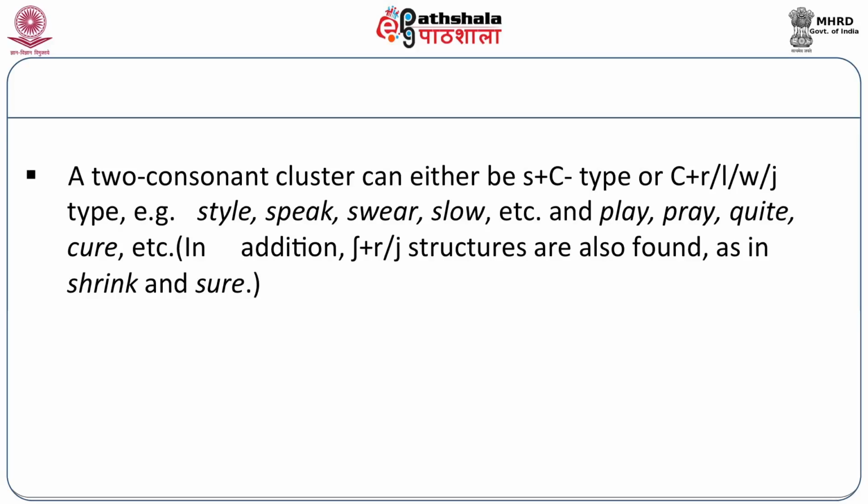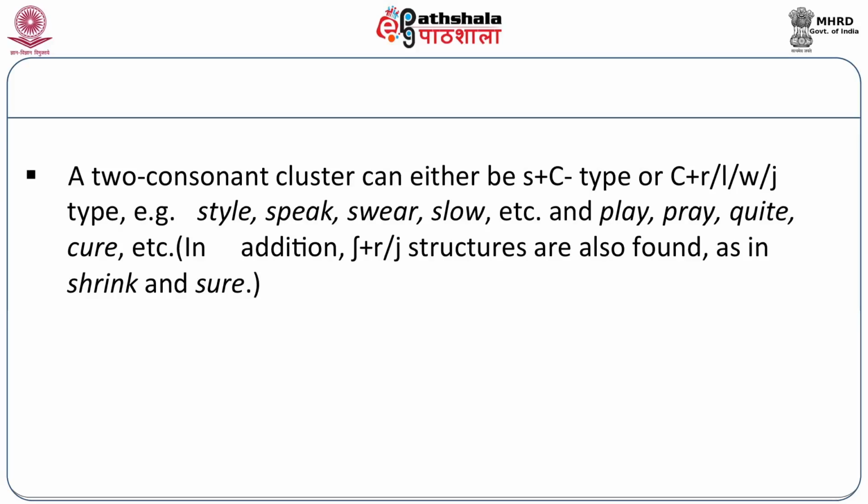So you have ak and ting. But if you get consonants of the s plus any consonant structure, or a consonant plus r, l, w structure, then there is no syllable division between them. The two consonants go together, as we find, for example, in the words on the screen here.